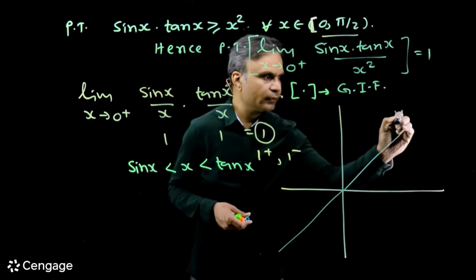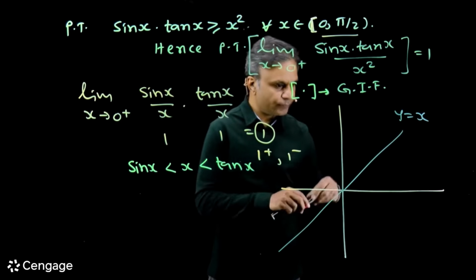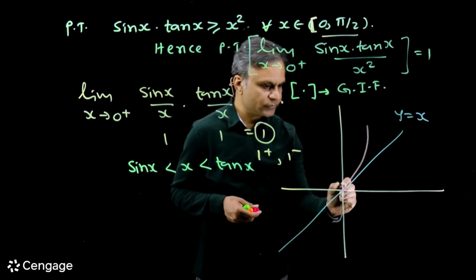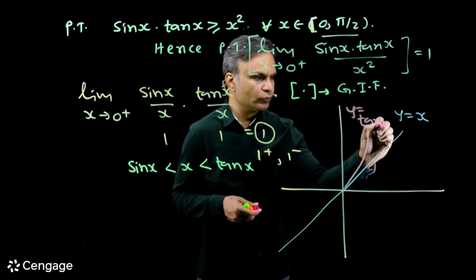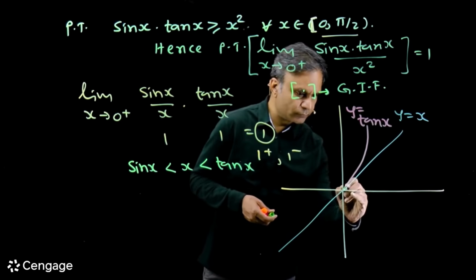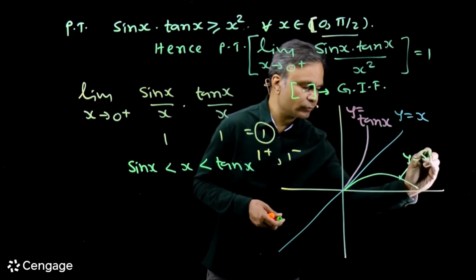Here we have the graph of y is equal to tan x, and this is the graph of y is equal to sin x.